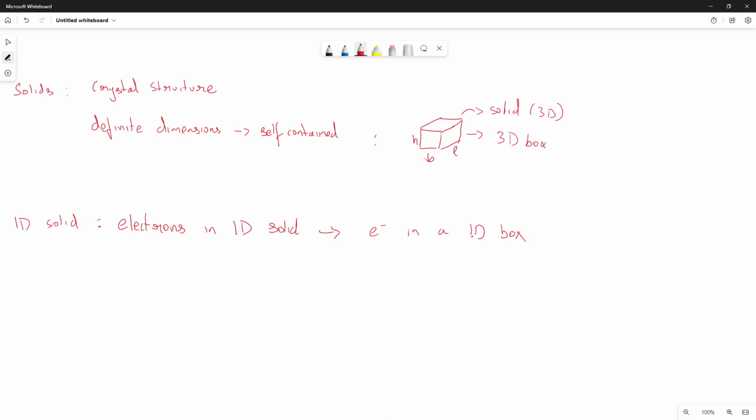Now, do we know how to study the quantum mechanical properties of a 1D box? Kamal, at least you should be able to answer this question. We studied it, sir. Yes. Can you tell me what the energy of an electron in a 1D box will look like? E is equal to what?